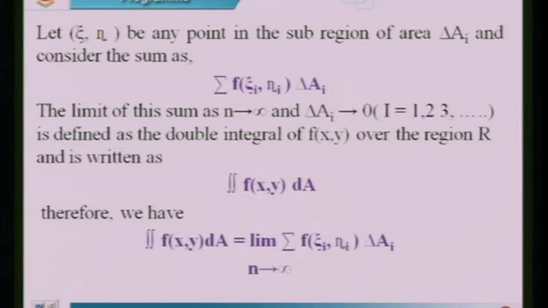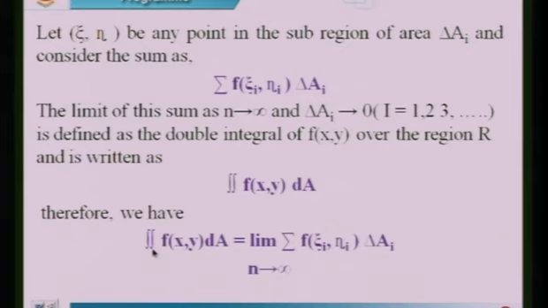Now we assign some other notations to a point in the sub-region. For example, in the first sub-region we take xi i and eta i, that looks like n, but it is eta, and likewise i is equal to 1, 2, 3, and so on. We will see what is the area in the subdivided regions. Then it is denoted by the double integral f of x y dA, covering the total region.